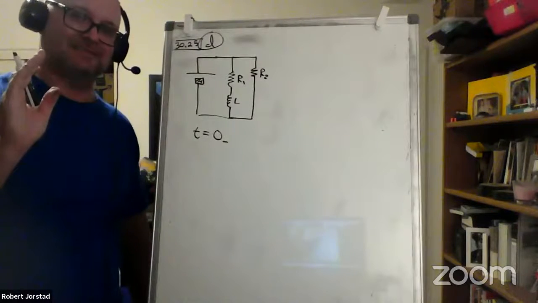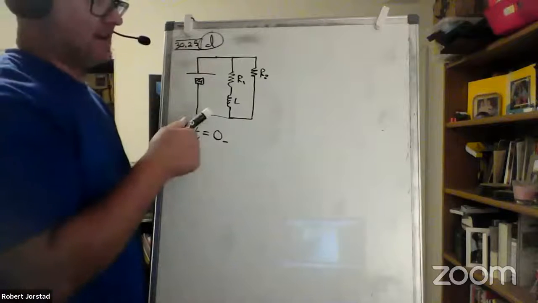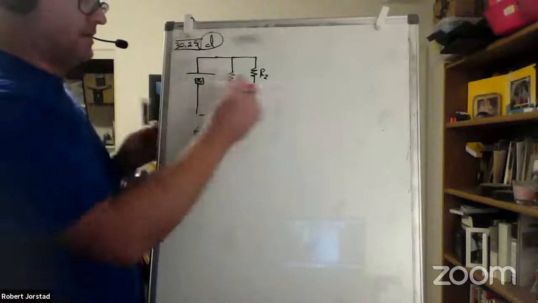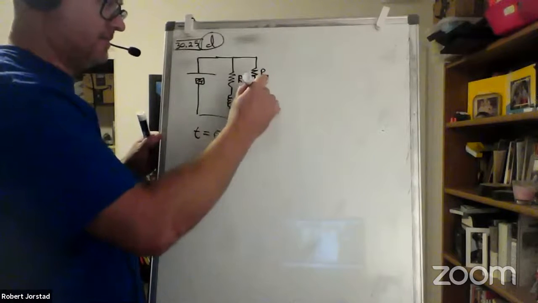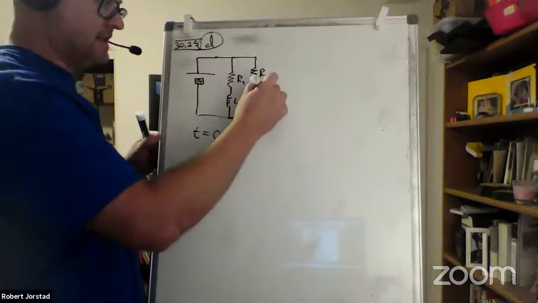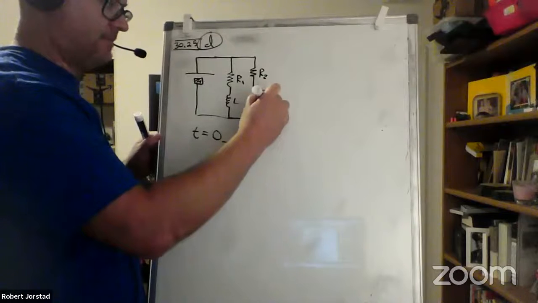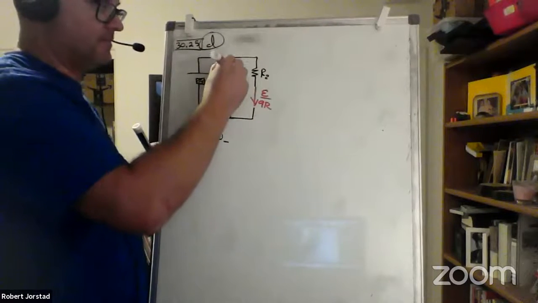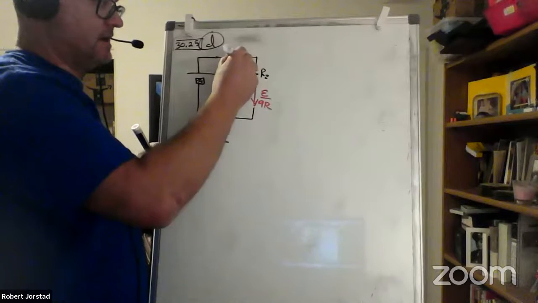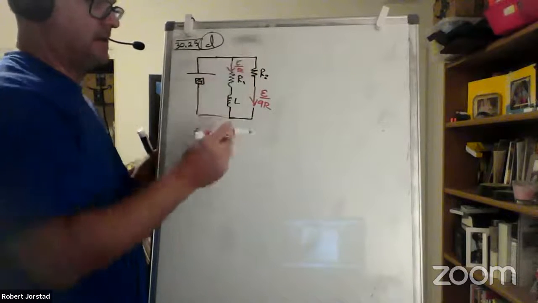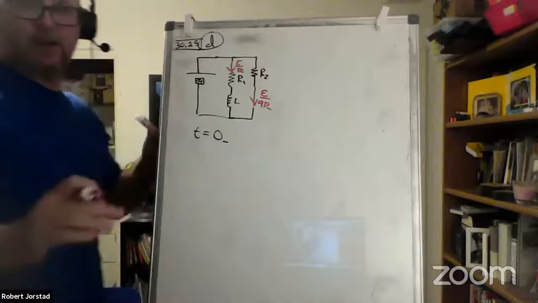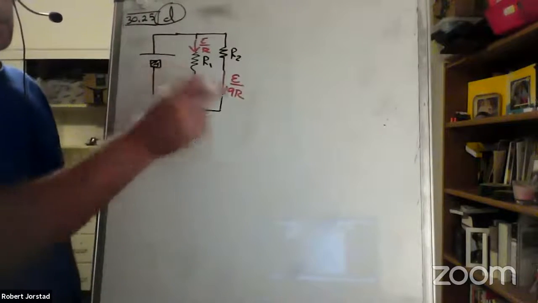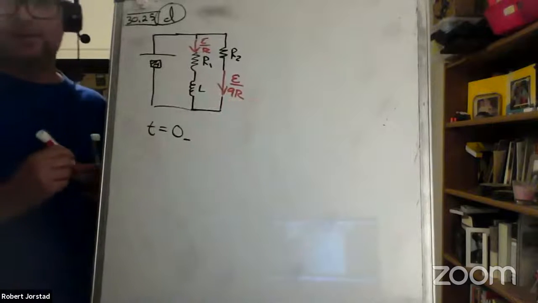Now watch out, I just want to point out there's current here, and this is E over 9R, and there's current flowing this way, E over R. So there's current flowing in each branch. There's less current here because this is a larger resistor.